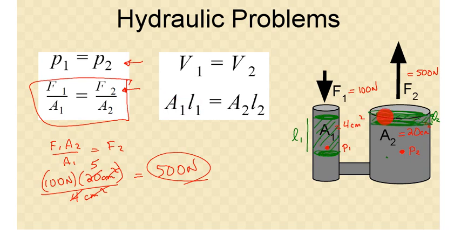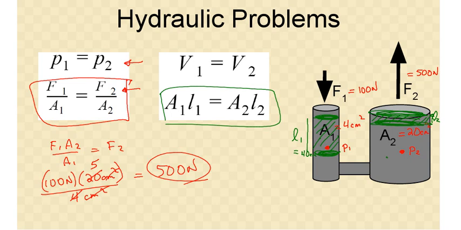This volume right here is the cross-sectional area times the distance that it moves, A2L2. So this relates the cross-sectional area and how far those pistons have to move to make this happen. All right, so here again, maybe L1 equals 40 centimeters.